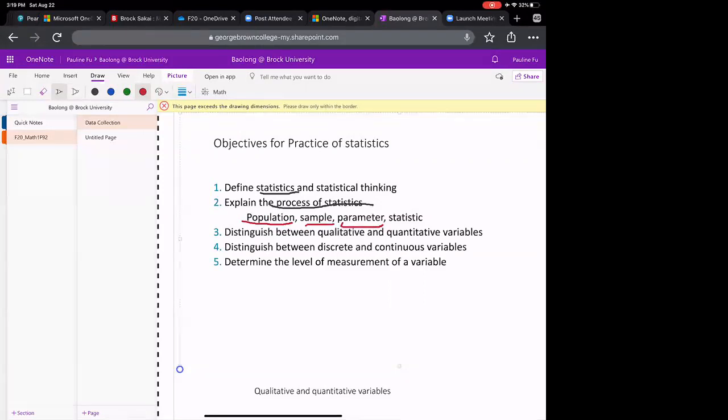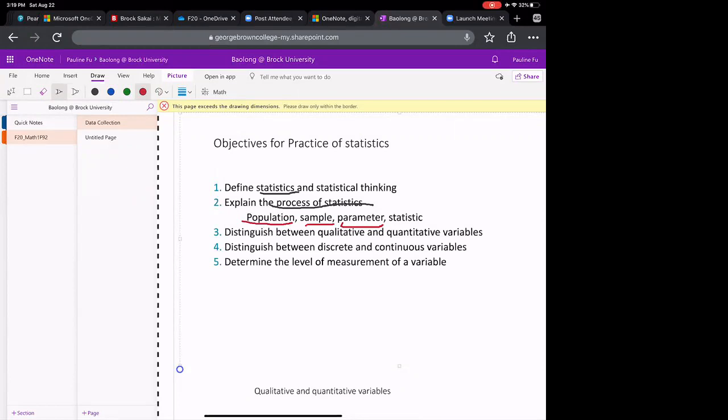A parameter is a characteristic of a population. For example, the average final mark at Brock University is 63. So 63 is a parameter because it describes the population characteristic.